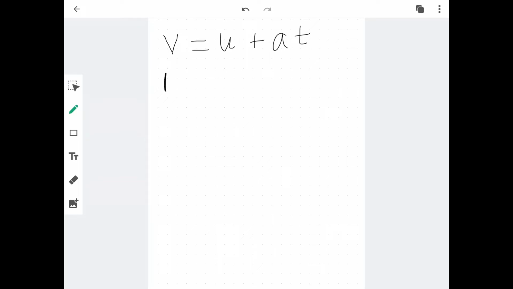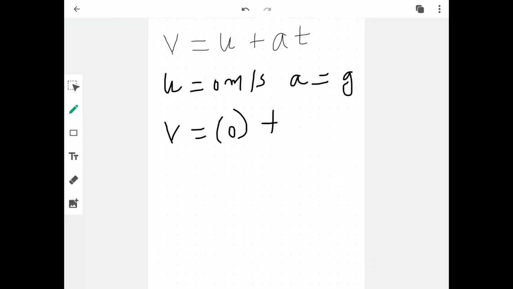Now what we do is, since u is 0 meter per second and acceleration a is g, we substitute the values, we get v = 0 + gt. So our first equation is transformed into v = gt. Let's have a recap. v = u + at, u is 0 and a is g. Therefore v = 0 + gt, so v = gt.